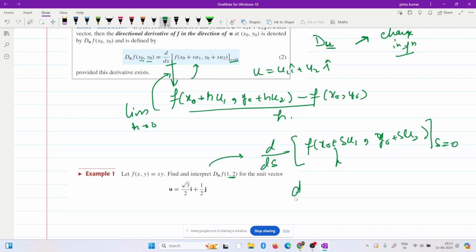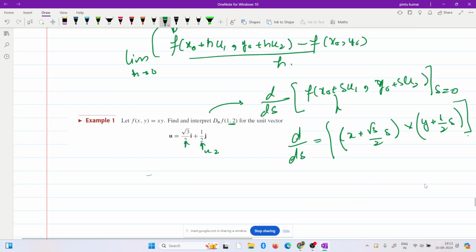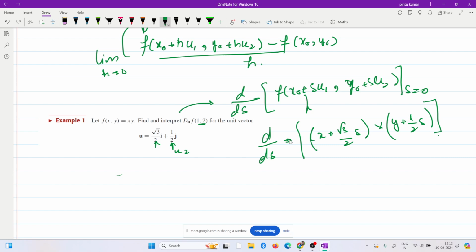So the quantity inside the braces is nothing but, this is your u1, this is your u2. So this is x plus root 3 by 2 s, right, multiplied by y plus 1 by 2 s, right? So you have to take its derivative at 0.